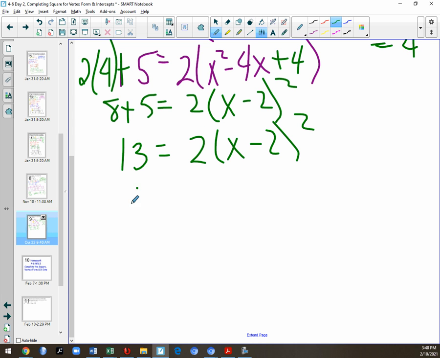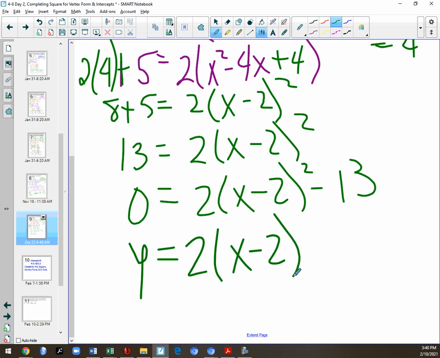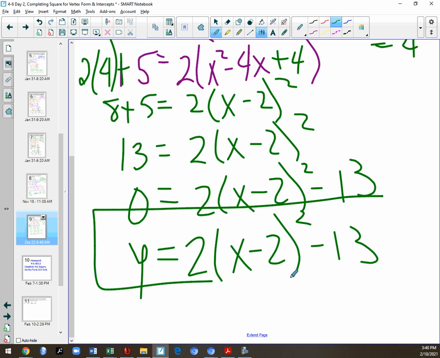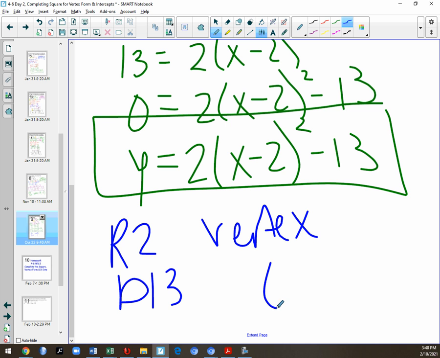Bring over the 13, replace that with a 0. Replace the 0 with a y. This is vertex form. Now what is happening to this function? This function is going to the right 2 and down 13, so I have a vertex of 2, negative 13. Okay?